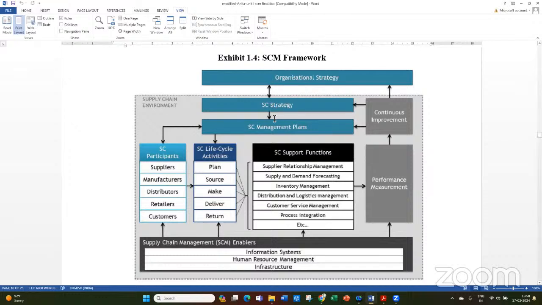Then from the supply chain strategy, and then supply chain plans: source, make, deliver, support for the supplier relation, logistics management, customer service management, and then performance management.